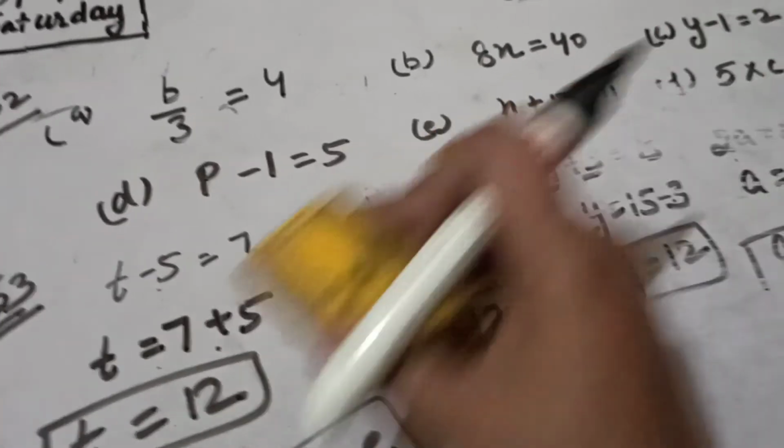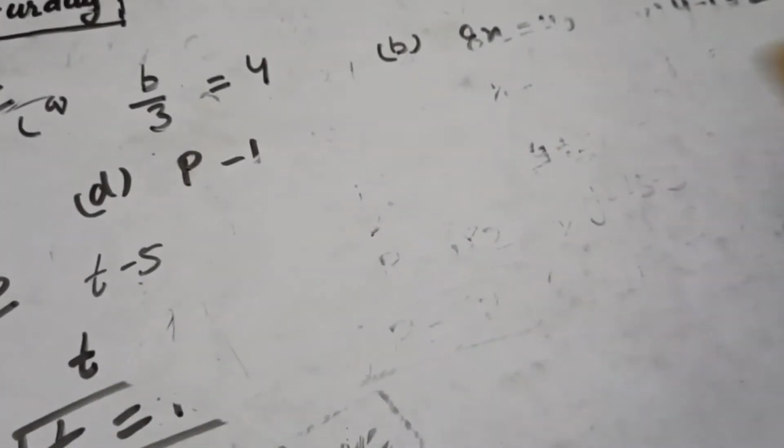Now after this, come to the A1. The length of a rectangle is 4 cm more than its breadth.